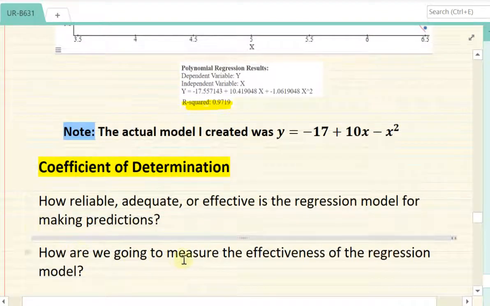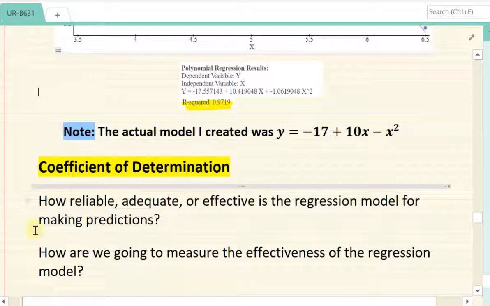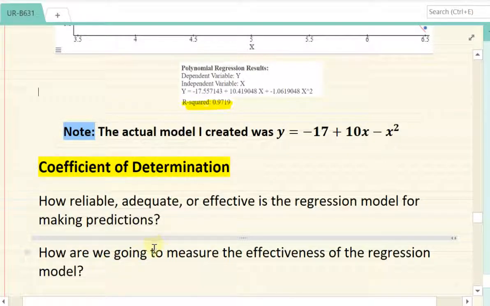The second question is more about logistics: how are we going to measure the effectiveness of a regression model? And this is where it's going to get a little technical. So what is a good regression model? Well, remember, for us, that means it's got to go through every point. That's the best case, right?